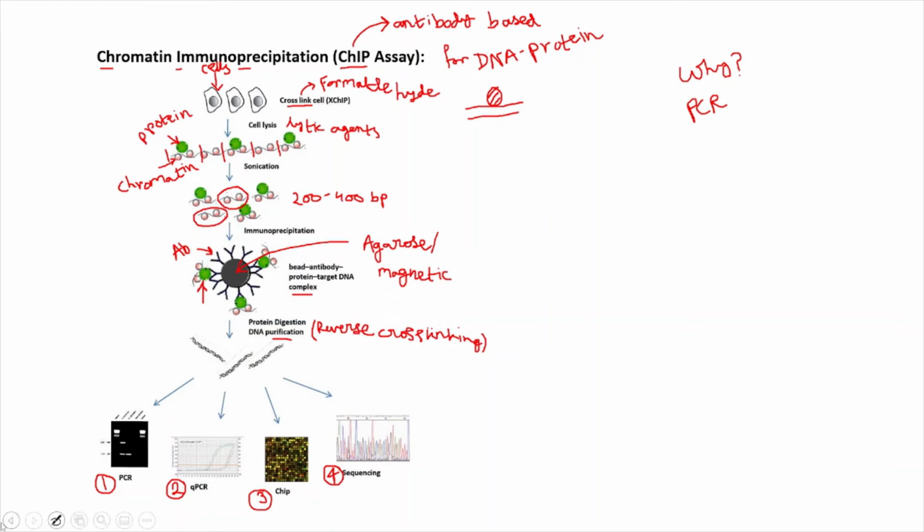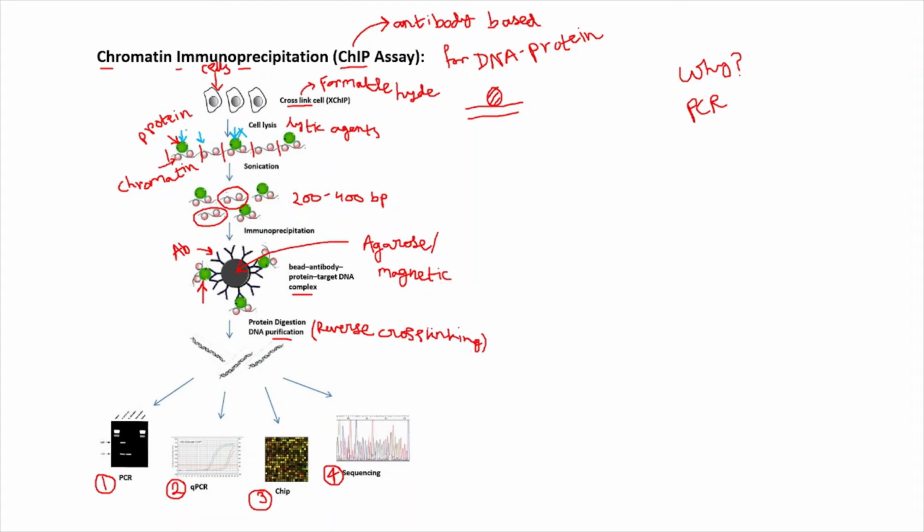See here, if I choose another color, when you are performing sonication, here the protein is binding to this piece of chromatin, so here you will not have any fragmentation. Here you will have fragmentation because there is no protein binding here. Again here the protein is binding to the chromatin, so no fragmentation.